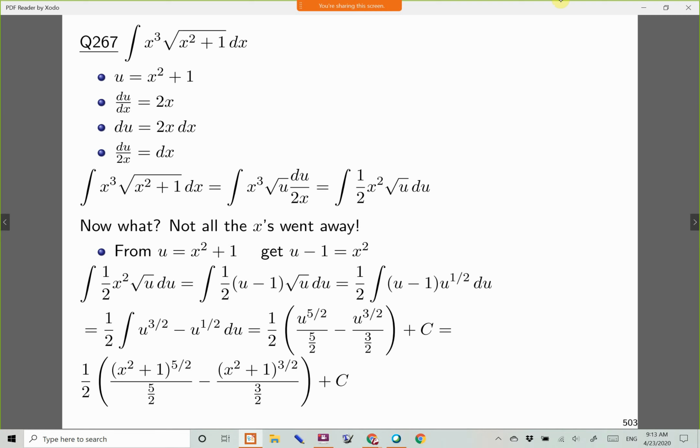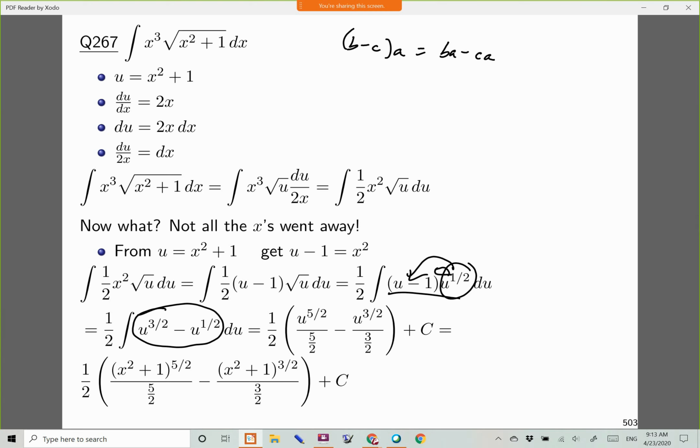So the question was, can I explain where that came from? What happened was I took right here this u to the 1/2 and I distributed it to the u and to the 1. Just for a totally different scenario, if you had b minus c times a, then you can distribute. I know that normally the a would be written on the left side of the parentheses, but this would be ba minus ca.